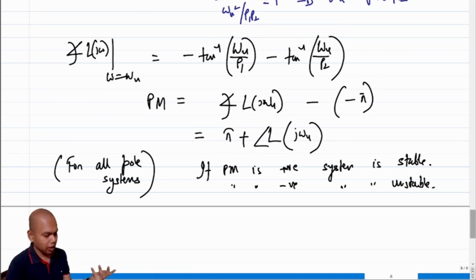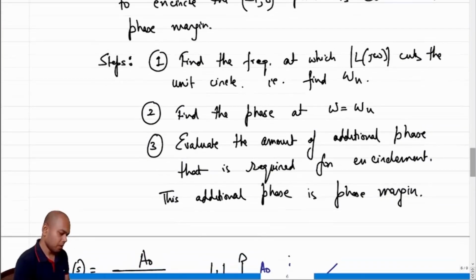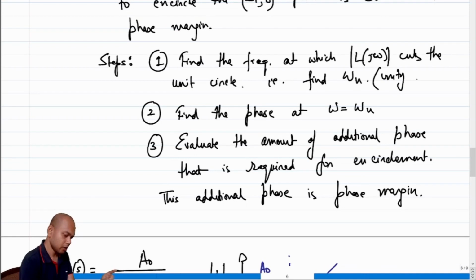So we moved to Bode plot, and we said that we will use a 3-step process to figure out if the system is stable or not, and if it's stable, how much margin do I have for stability, and what is the criteria that we use. We essentially said that we will find out the frequency at which we are getting unity gain, the unity gain frequency.